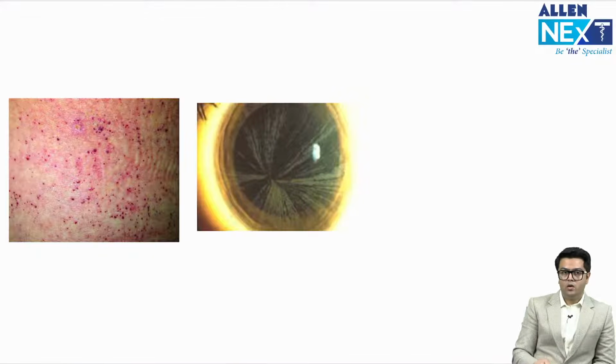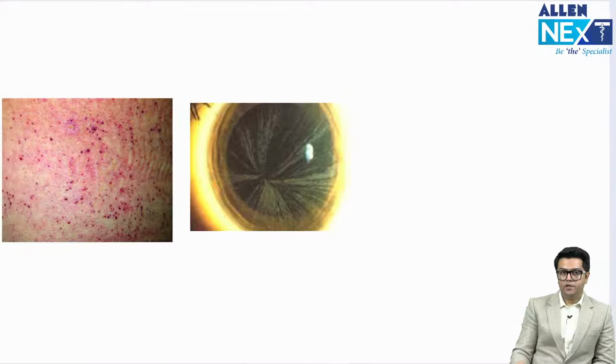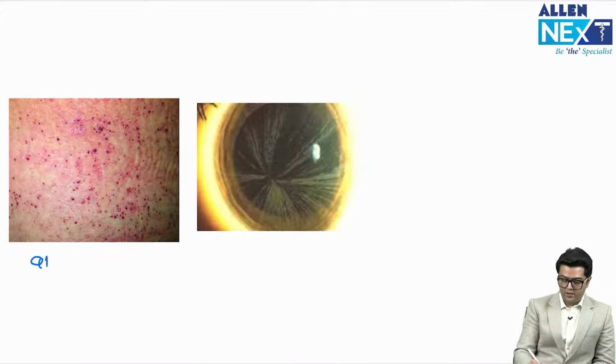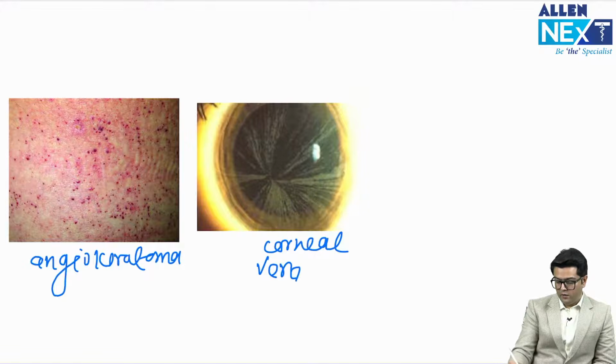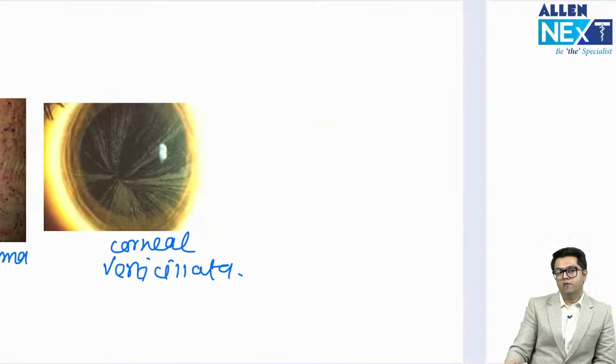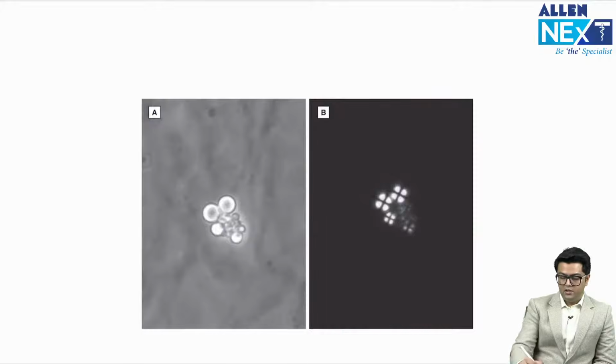Clear? Now this is the image which shows us the angiokeratomas. So where you see angiokeratomas, this is the image where you see a specific eye finding in Fabry's disease, that is corneal verticillata. This is the image called the mulberry cells.